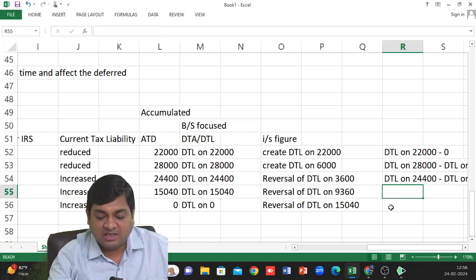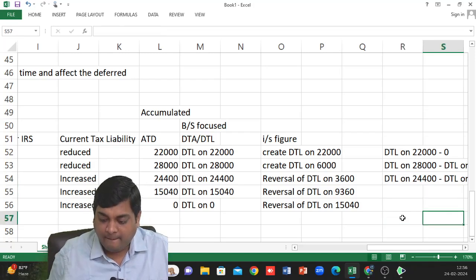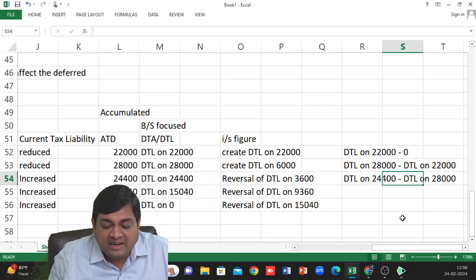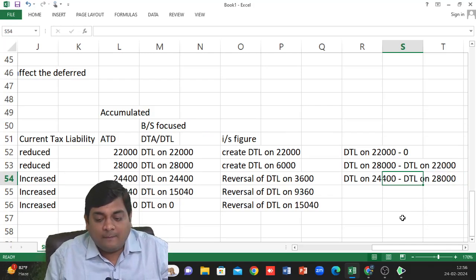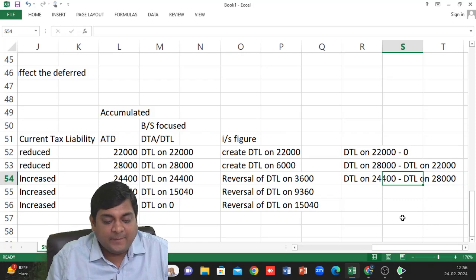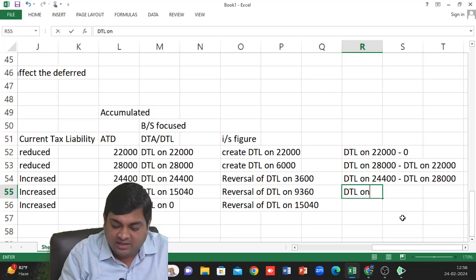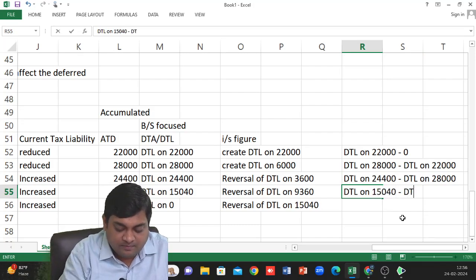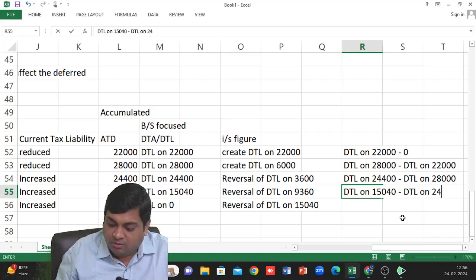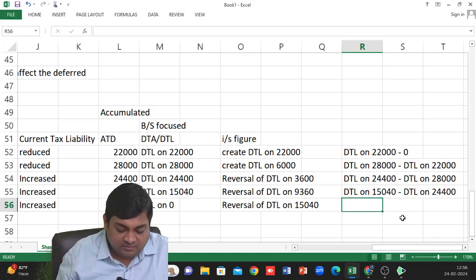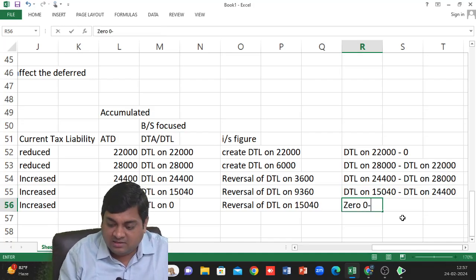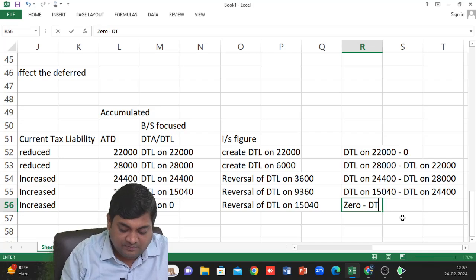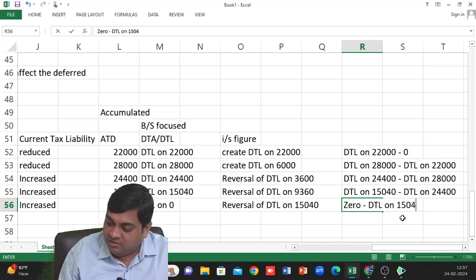Got my point? Just the reversal. So automatically it will come negative. It means it is reversal. It is DTL on 15,040 minus DTL on 24,400. Then it is 0 minus DTL on 15,040.